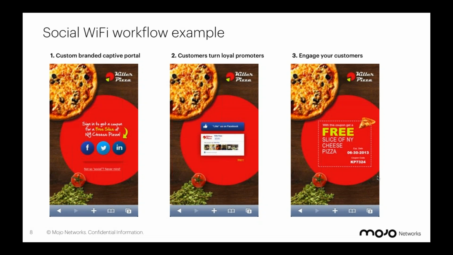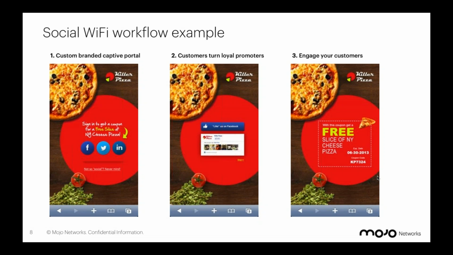In the middle, you can also turn them into promoters, and you make it easy, like by exposing these buttons, like a like button, and as they enter in, say they've selected Facebook, they can easily like it. A window will pop up, maybe with a sample message that you want them to say, hey, this is some great pizza, I enjoy it here, the music's wonderful, whatever, right?